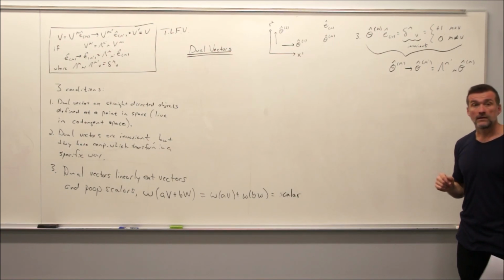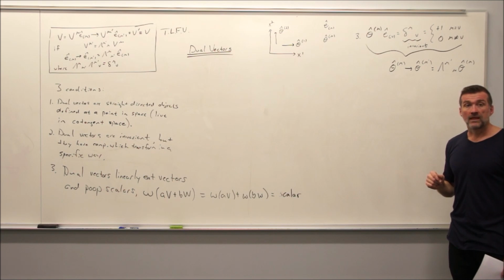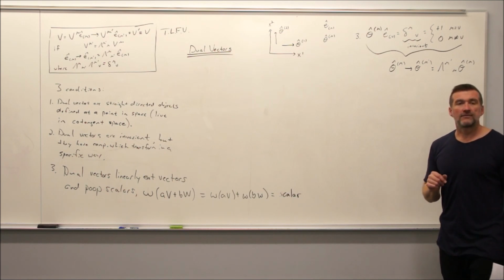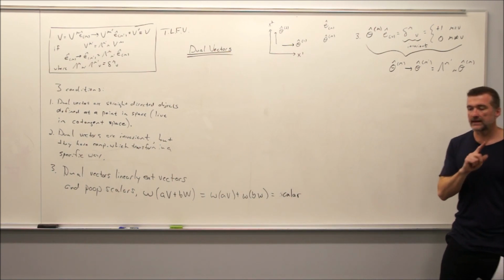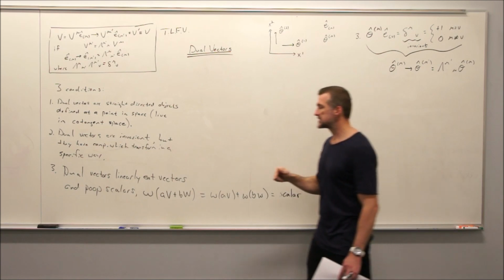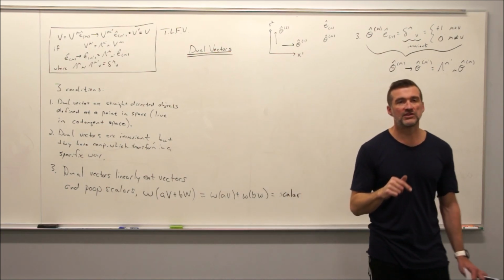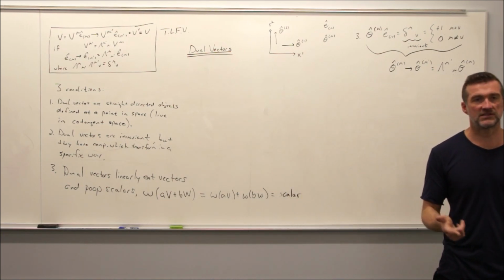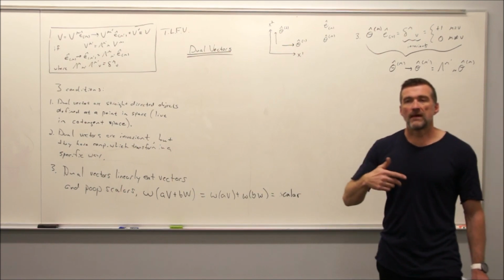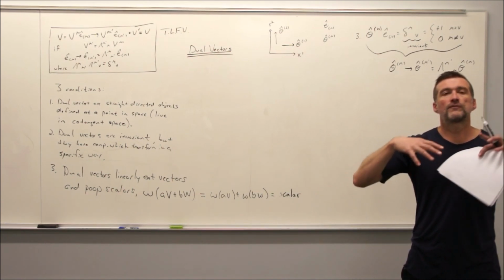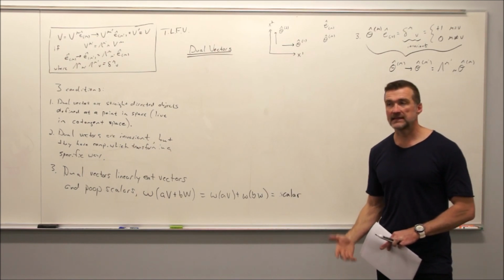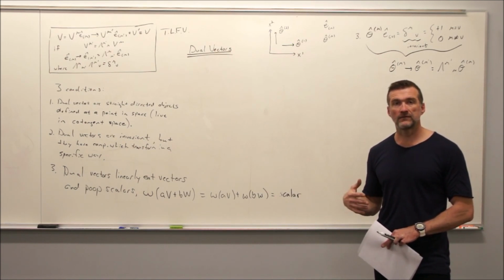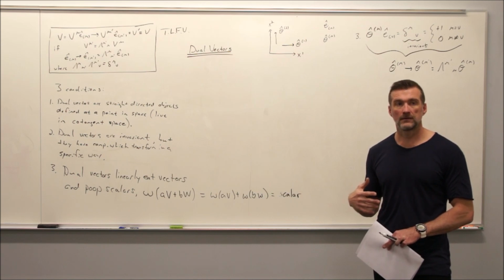Is there any way to visualize cotangent space? I'm going to give you a homework problem. So another way to think about it is that cotangent space is what we generally call the dual to tangent space. You've probably seen dual spaces before, but they might not have been named as much. Has anybody ever heard of the notion of reciprocal space in condensed matter?